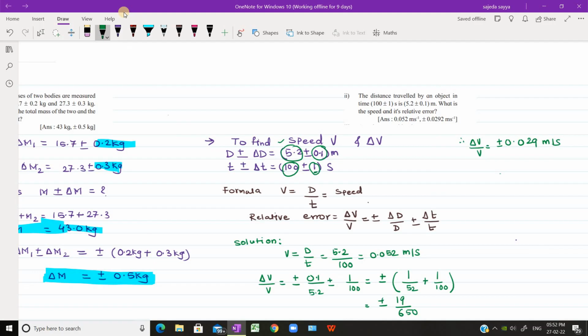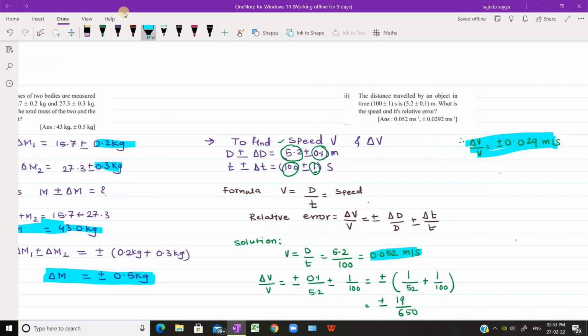If you keep your answer as 19 upon 650, that will also be okay. Okay, so relative error in the measurement of speed is plus or minus 0.029, and speed will be 0.052 meter per second.